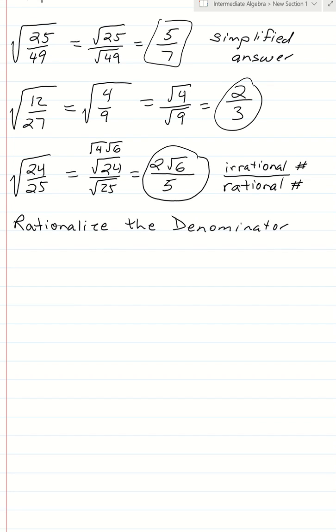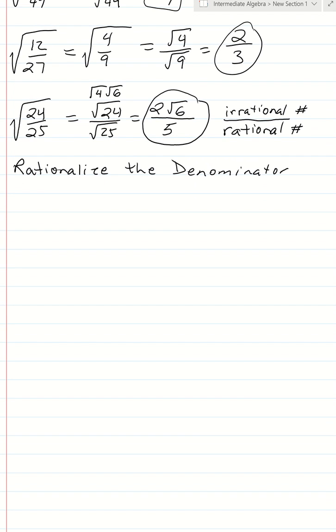Okay, and we've done that quite a bit in the past. We have changed the way things look, but not changed their value. And you may recall, the only way to change the way a number looks without changing its value is to multiply by the number 1. And once again, we're going to have to do that here when we are looking to rationalize our denominator.